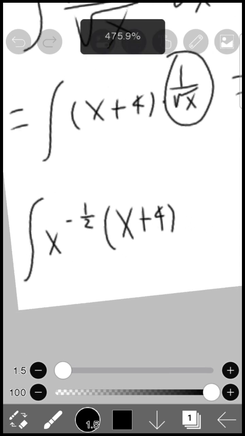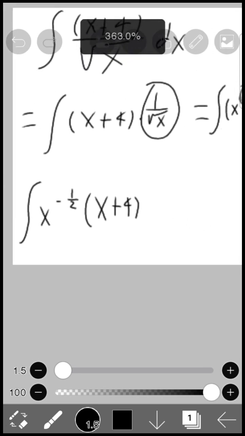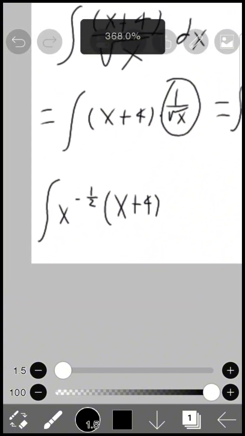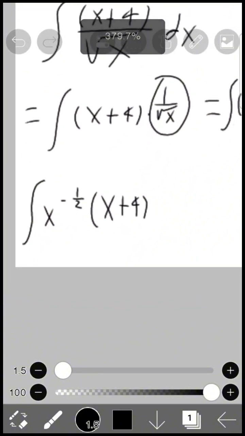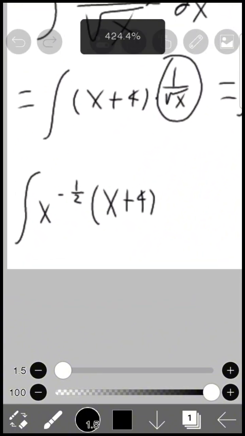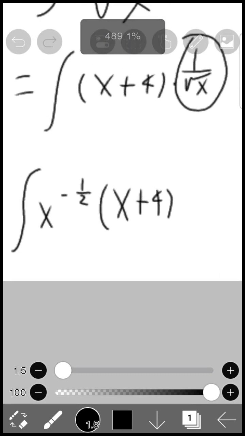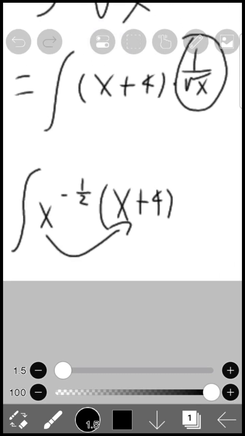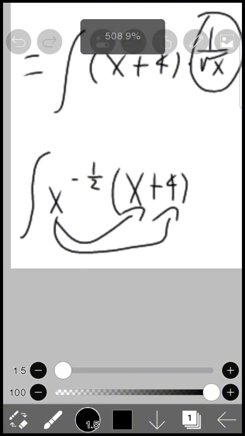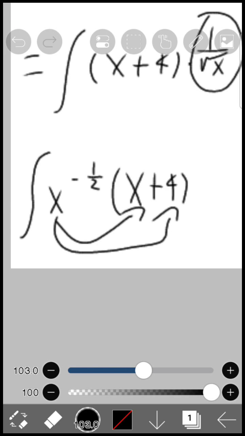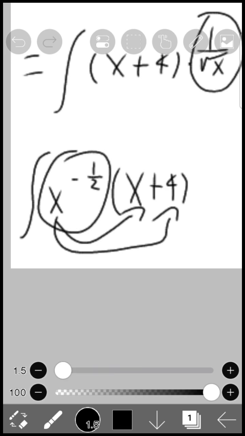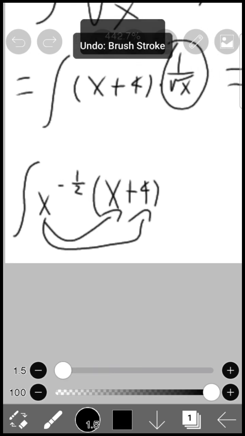And we can go ahead and use the laws of exponents again in order to multiply this using the FOIL method. It's technically not the FOIL method because this thing is only one term, but I'll just call it that.